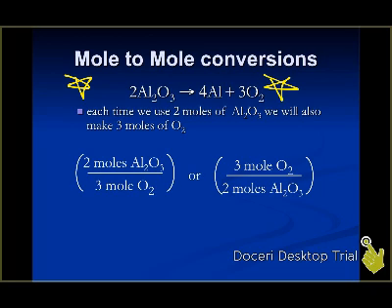In this reaction, 2 moles of aluminum oxide will produce 3 moles of oxygen. This is a conversion factor because these two things are equal. In order to get 3 moles of oxygen, we need 2 moles of aluminum oxide and vice versa. So just like other conversion factors, we can flip them around: 3 moles of oxygen produces 2 moles of aluminum oxide. They are technically equal to 1 because it's the same amount of oxygen and the same amount of aluminum oxide.